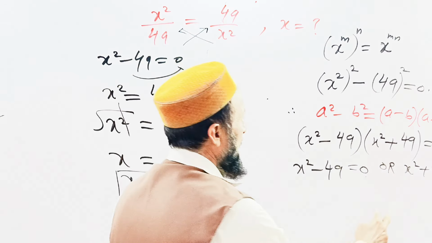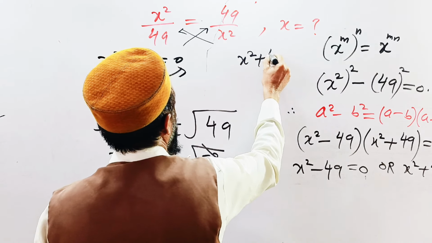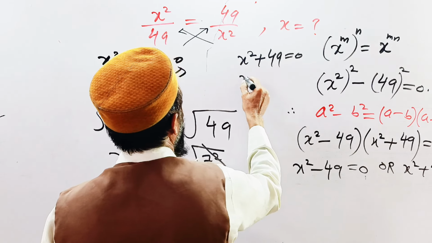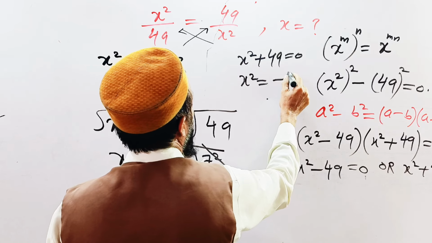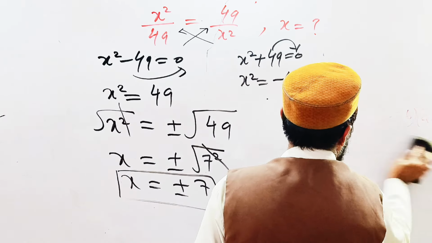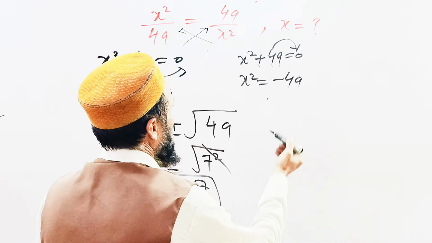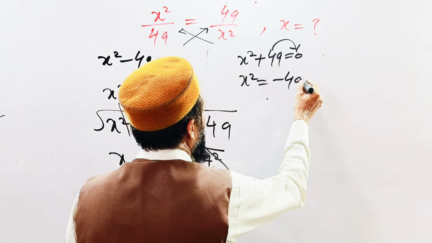Similarly, we can simplify x square plus 49 is equal to 0, so x square is equal to minus 49. We transfer this to the other side with the sign. Now since it is negative, we change into complex form.